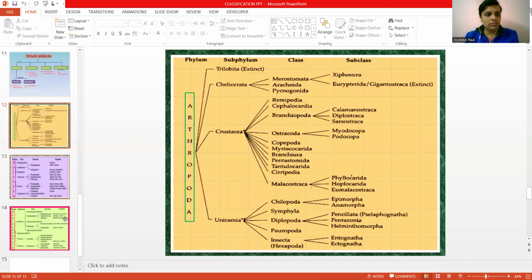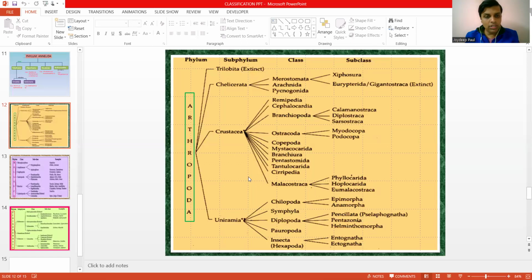Okay, so this is the general classification scheme of Arthropoda. Now, phylum Arthropoda represents a vast assembly of animals, which includes several large classes.